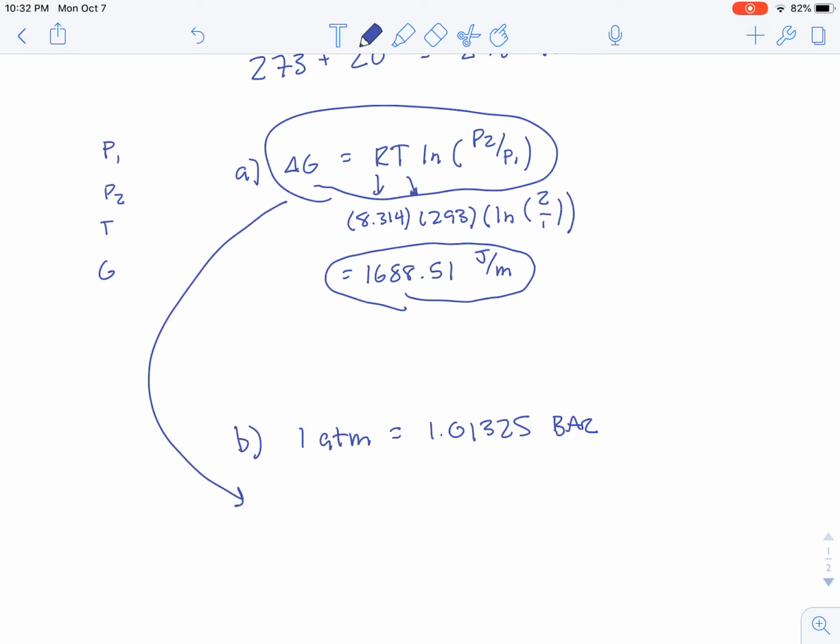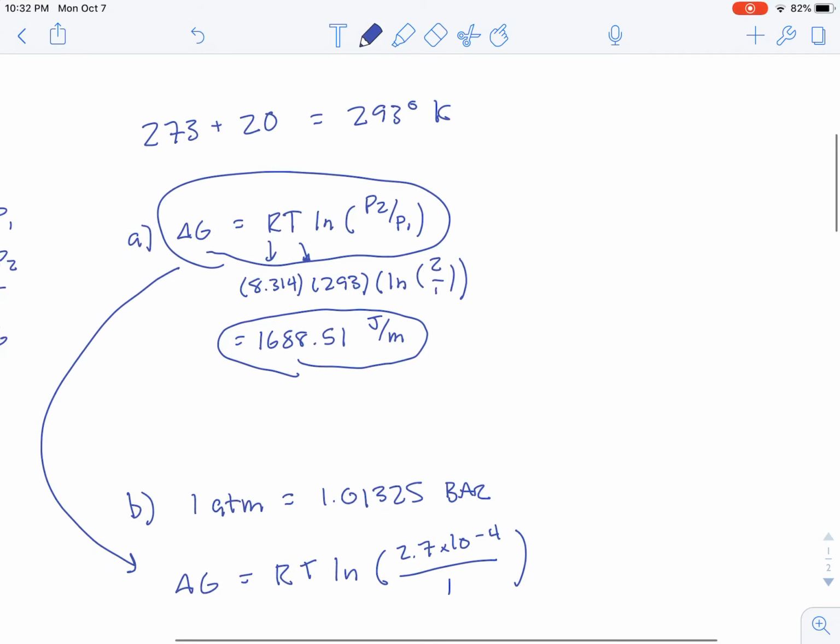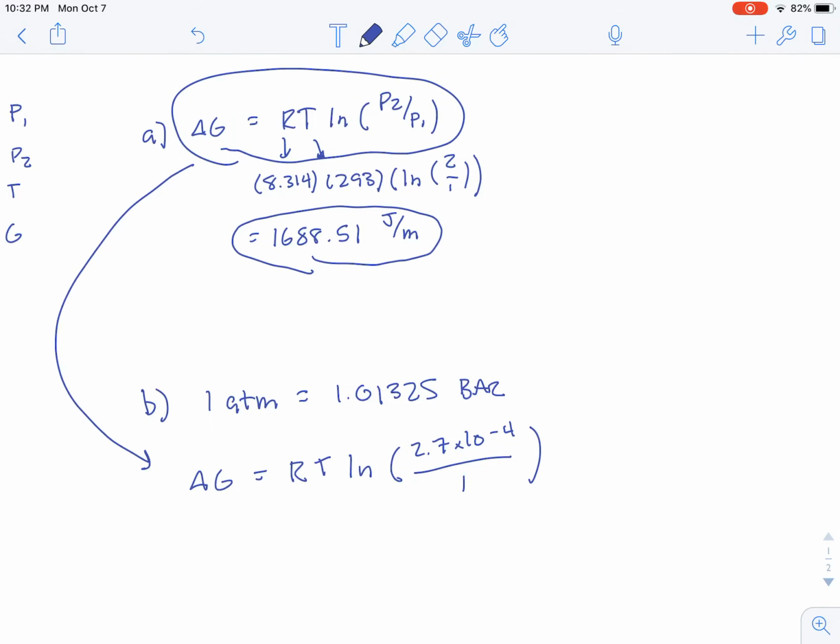Let's go ahead and do that right now. Again, delta G is our unknown. We have our ideal gas constant, our temperature, which is still 293, and the natural log of P2, which is now 2.7 times 10 to the negative 4, over 1, which is our P1, just like last time. That's all that's changed, and again, this is a very straightforward calculation.